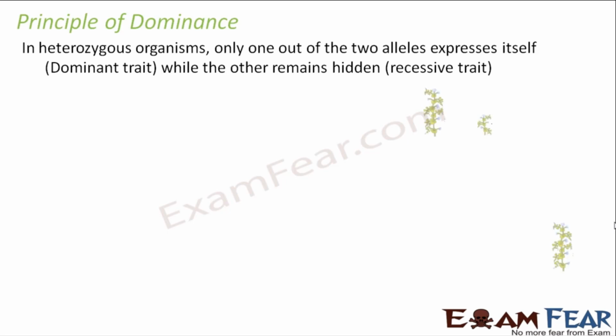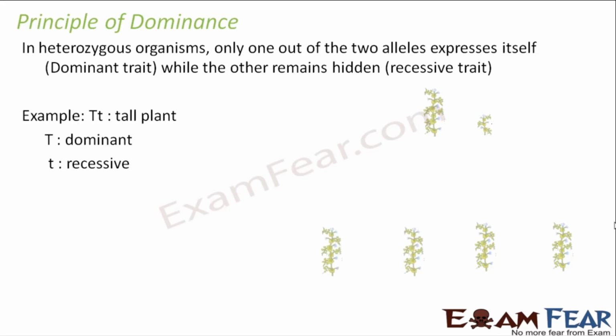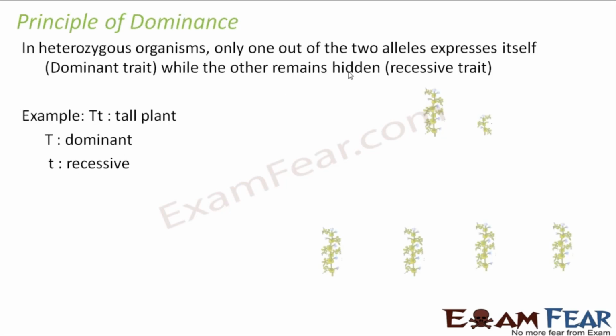So if we talk about Mendel's experiment, we see for a heterozygous organism like this tall plant, capital T, small t. So capital T is a dominant trait, small t is a recessive trait. Right? So what did Mendel do? He crossed a tall plant with a dwarf plant.